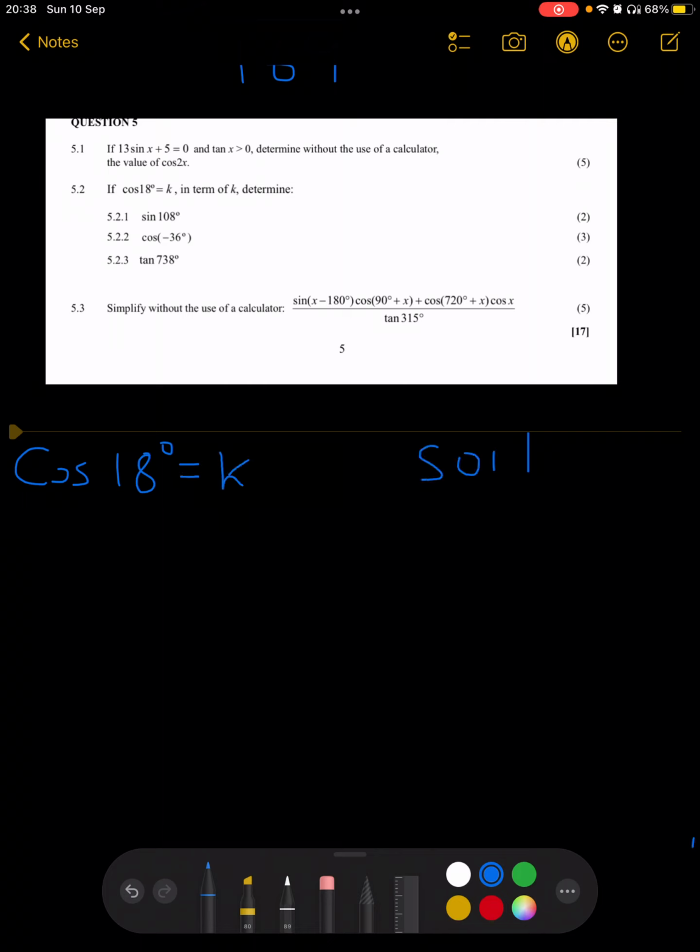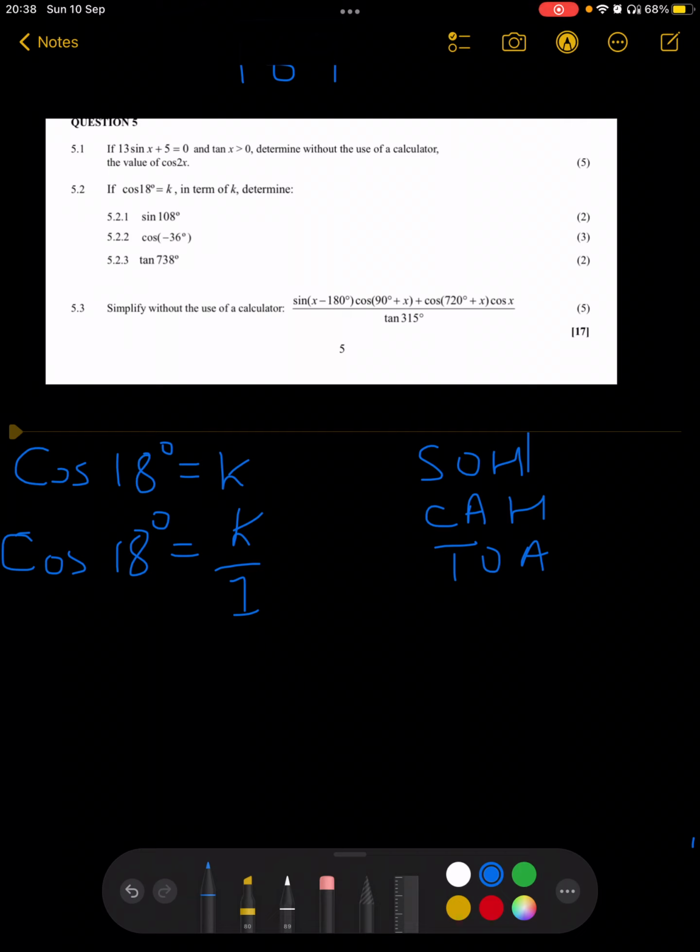Remember we said CAH: cos of an angle is adjacent over hypotenuse, so we must write this as a trig ratio first. So cos 18 is equal to k over 1, so we know the adjacent is a positive value and the hypotenuse is a positive value.